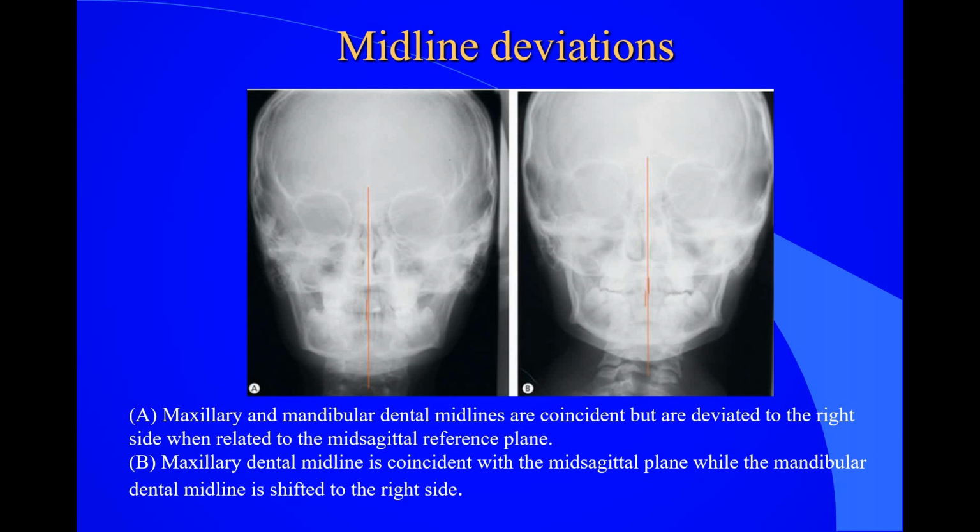Midline deviation certainly warrants special consideration in orthodontic diagnosis and treatment planning. However, aesthetic acceptability of dental midline discrepancies depends on individual factors, including the transverse discrepancies associated with other facial midline structures.